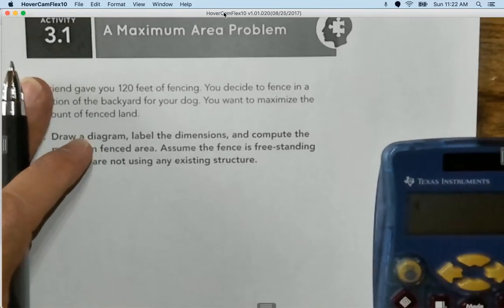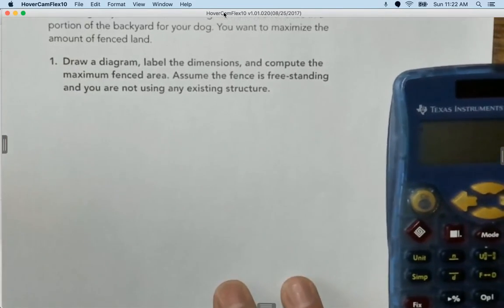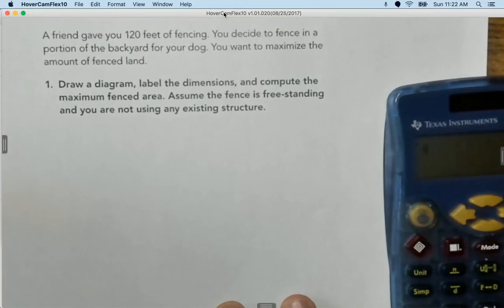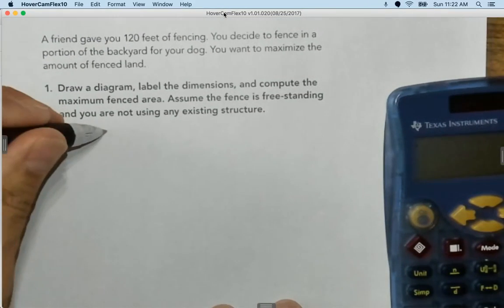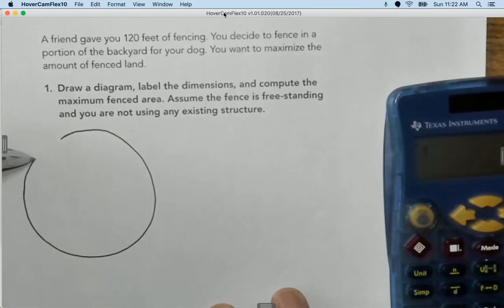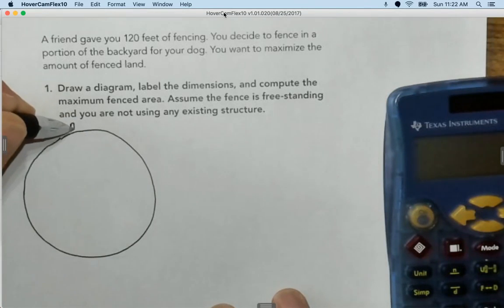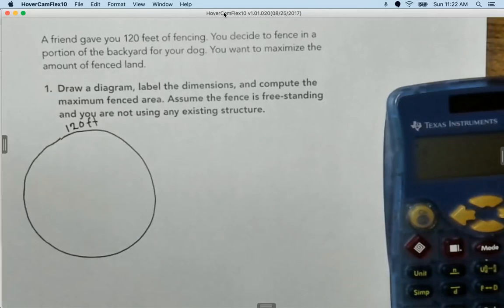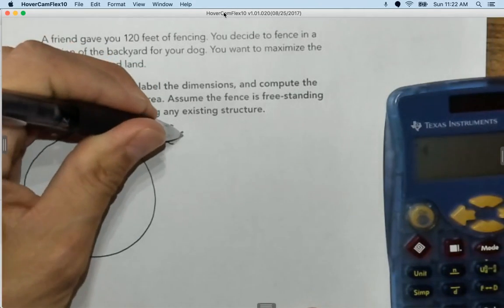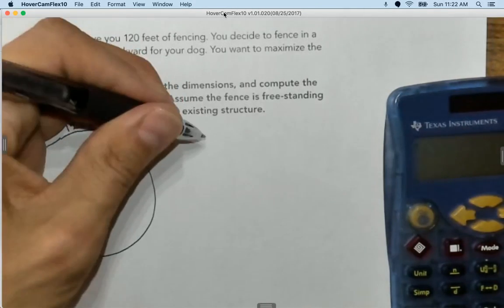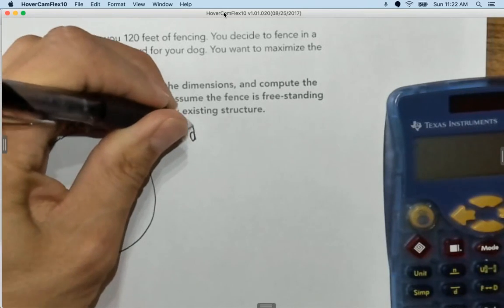All right. So if I'm thinking about this particular problem, first I'm thinking about circles. If I start with the circle, my circumference would have to be 120 feet. Then I would do what I did on the previous problem, which is circumference is equal to diameter times pi.